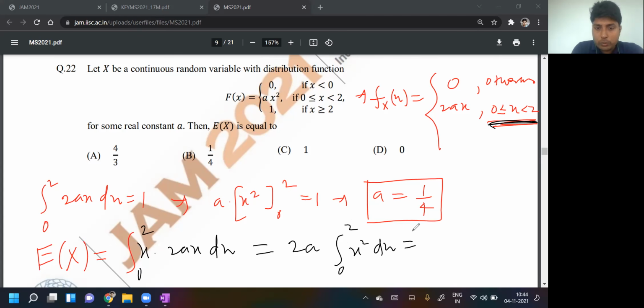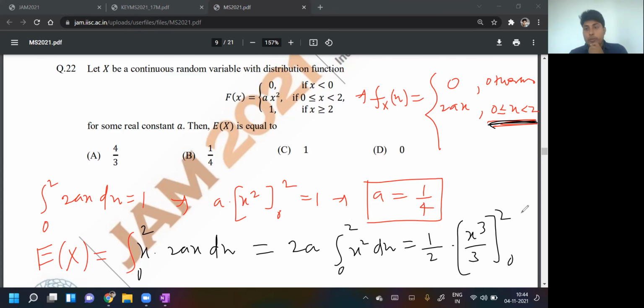A we already have, so 2 into A is 1 by 2, and integration of x square is x cube by 3, limit 0 to 2. If we put in, 8 by 3, and there is 1 by 2 already, 8 by 6, so it's 4 by 3. So 22A option should be correct.